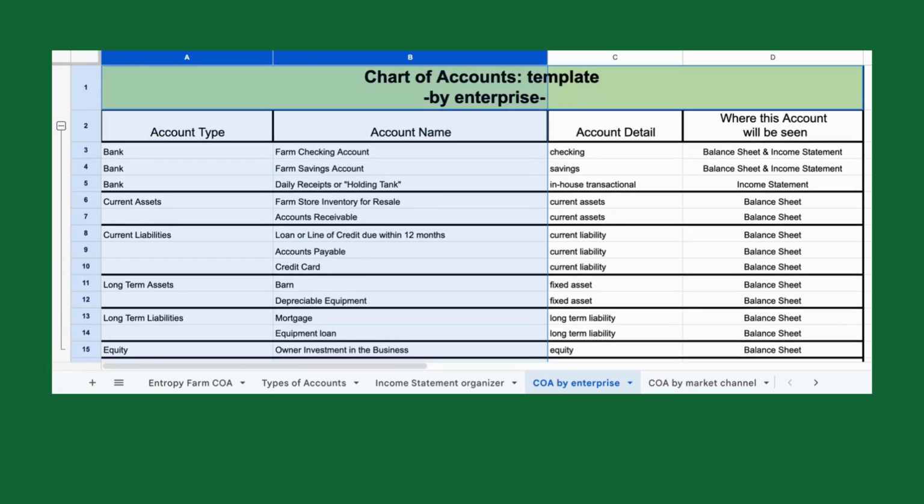So there is great variability from farm to farm, and your chart of accounts will be unique to your farm. And as I said, I see the chart of accounts as the structure for your financial tools. And these are tools that you use. They're great diagnostic tools for understanding and seeing the health or well-being of your farm.